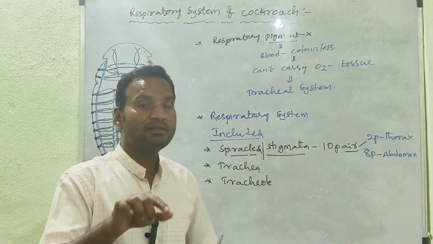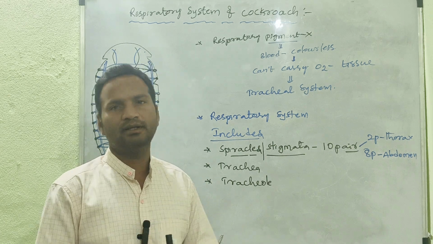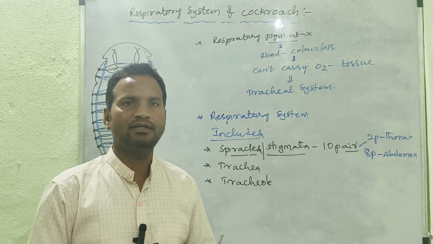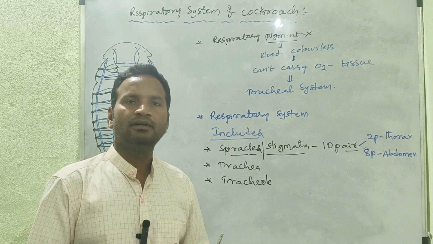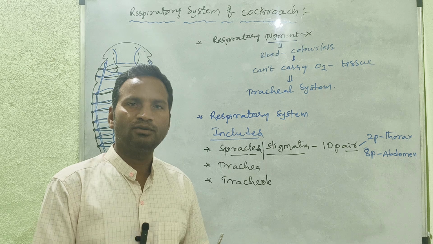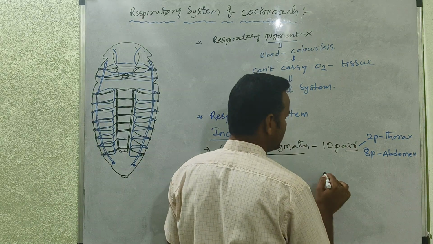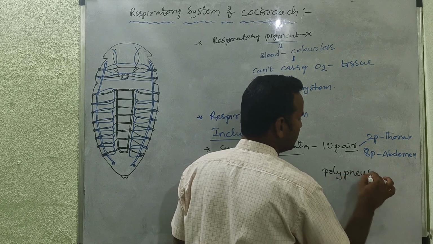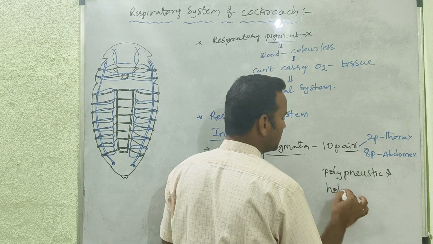Now, based on the nature and number of spiracles, the respiratory system of cockroach is classified. For example, the respiratory system of cockroach is polynucleatic and holonucleatic.